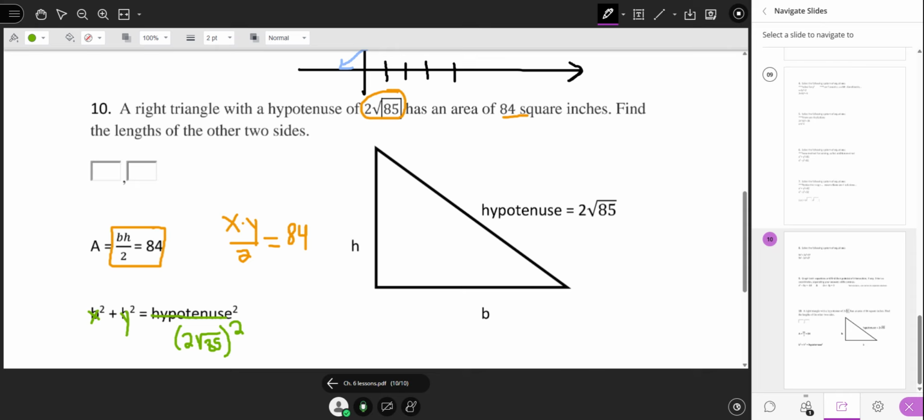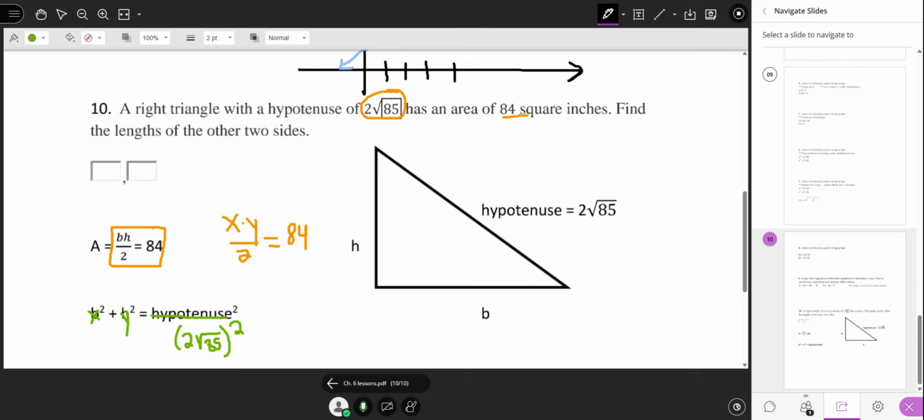X squared plus y squared equals parenthesis squared, and inside parenthesis 2 sqrt 85. Now I need to scroll out.